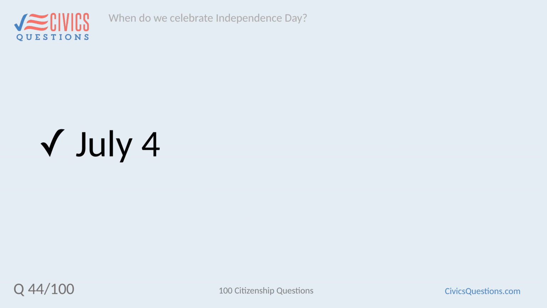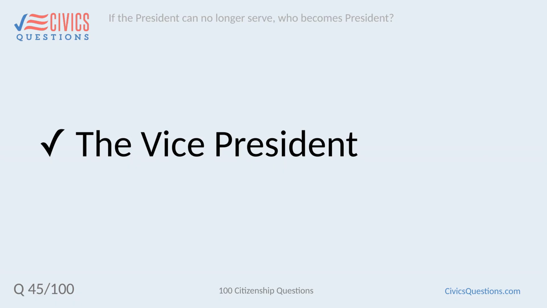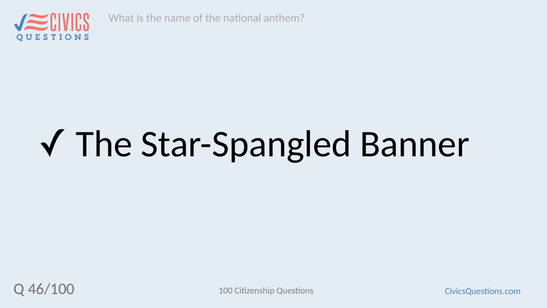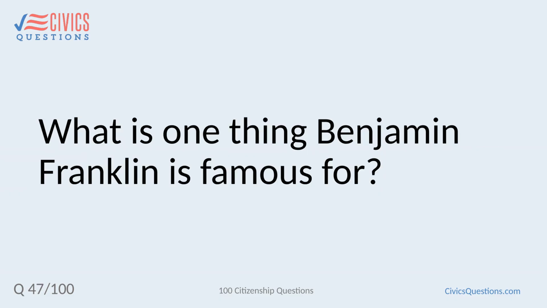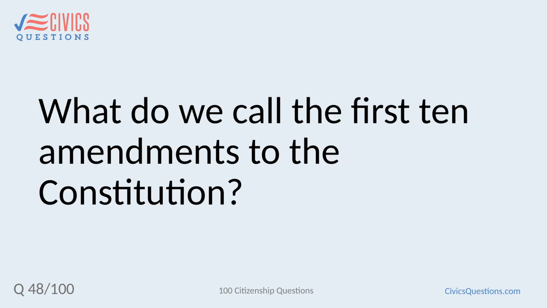July 4th. If the president can no longer serve, who becomes president? The vice president. What is the name of the national anthem? The Star-Spangled Banner. What is one thing Benjamin Franklin is famous for? U.S. diplomat. What do we call the first 10 amendments to the Constitution?